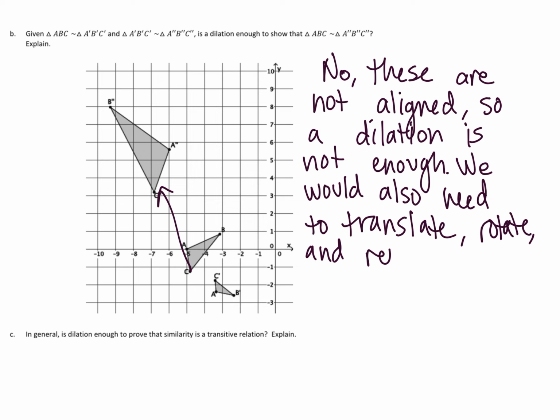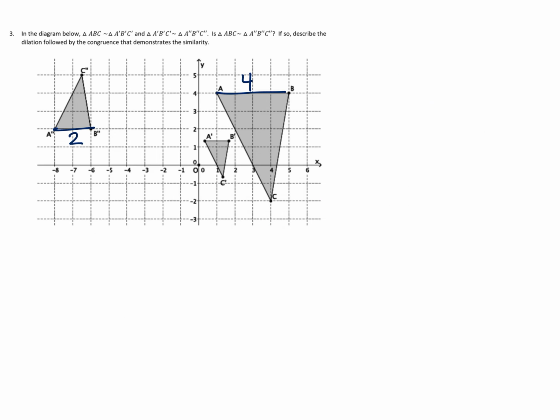In number 3, it says, in the diagram below, ABC is similar to A prime, B prime, C prime, and A prime, B prime, C prime is similar to the double primes. Is there a similarity between the original and the double primes? If so, describe the dilation followed by the congruence. Here, this one is 2, and in this one it is 4.